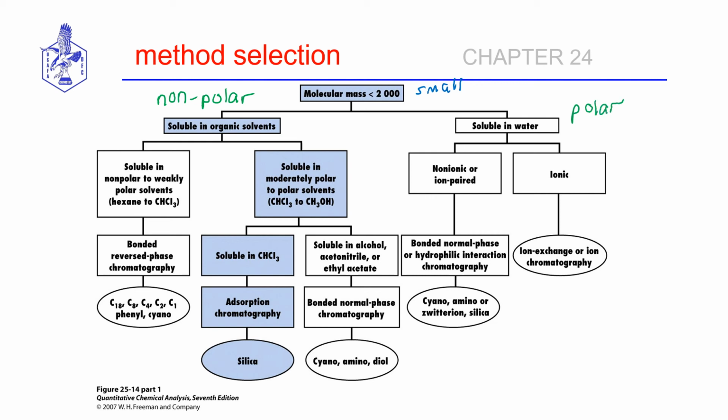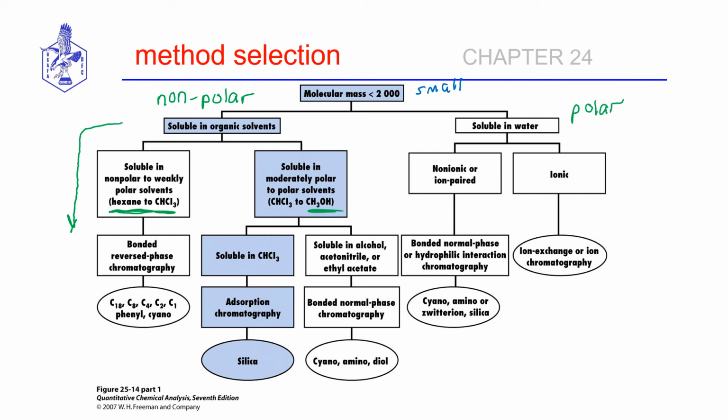If our molecules are nonpolar, now we want to ask the extent to which they're nonpolar, and that has to do with solubility in different solvents. If they are nonpolar to weakly polar, they're going to be soluble in hexane more so than something like methanol. Coming down this flow chart, if this is the case, we have pretty nonpolar components.